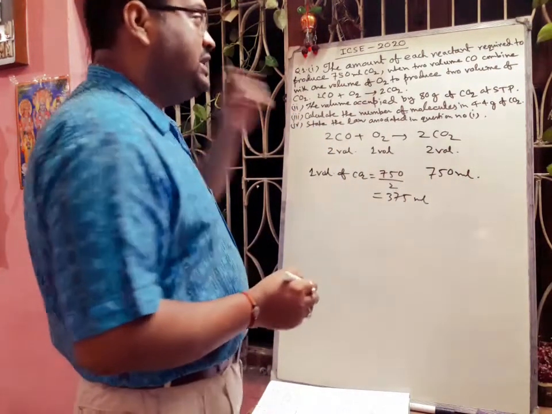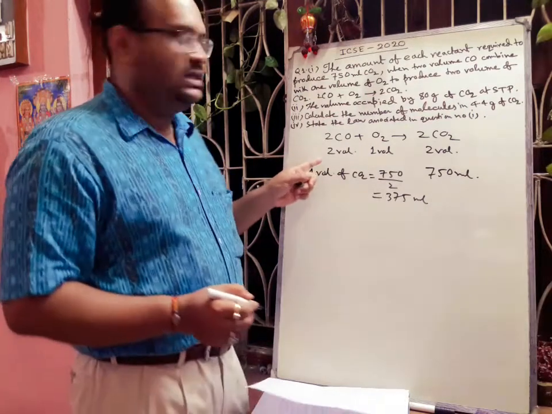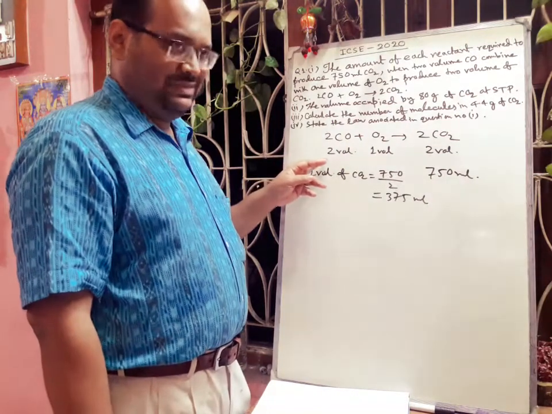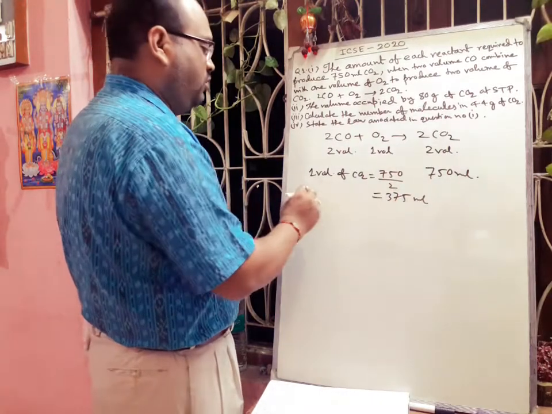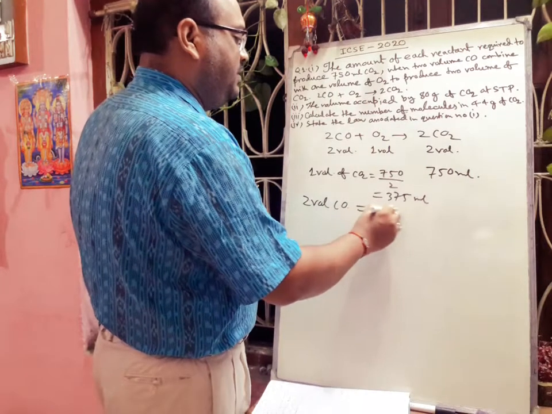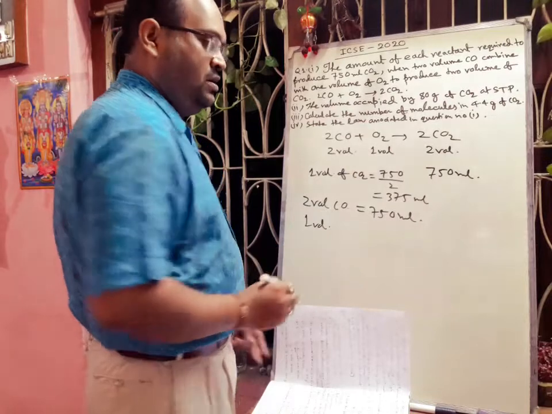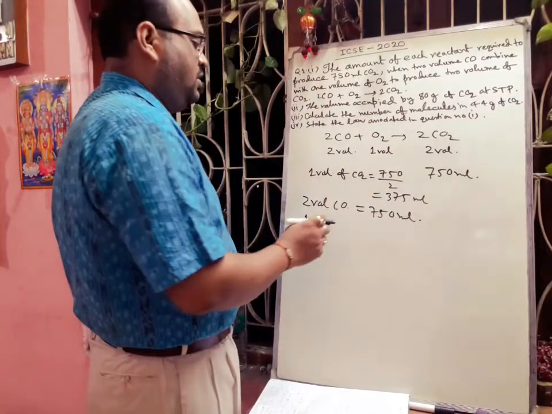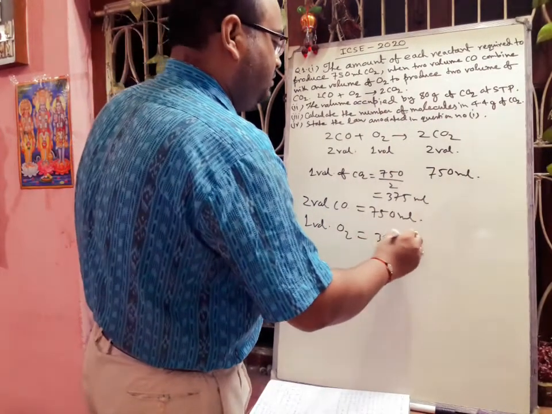Now the question asks for the amount of each reactant required. One reactant is carbon monoxide, another is oxygen. One is 2 volumes and another is 1 volume. Here 1 volume is equal to 375 ml. So 2 volumes of carbon monoxide will be 750 ml, and 1 volume of oxygen will be 375 ml.